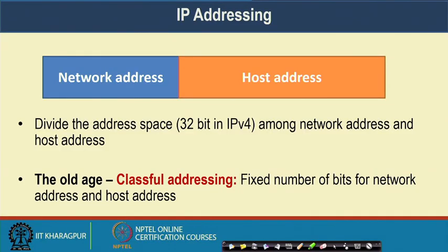The old idea for dividing the 32 bits was classful addressing, where you have a fixed number of bits for the network address component and the remaining bits for the host address component. So you have a fixed division between the network and the host, and accordingly the entire address space is divided into multiple classes. That concept we used to call classful addressing.